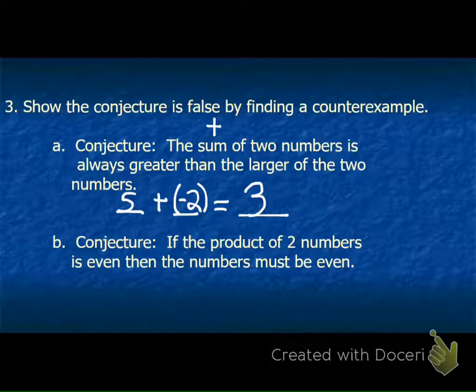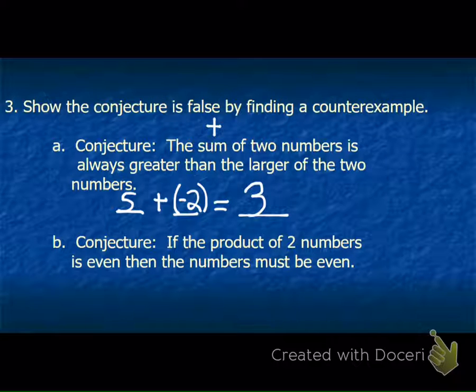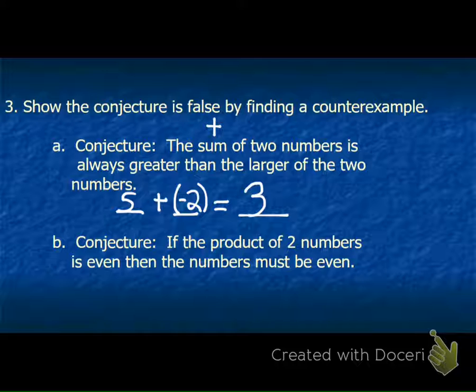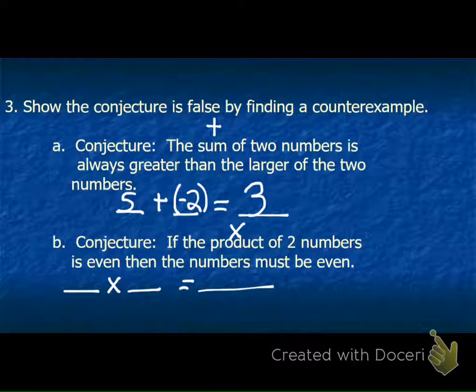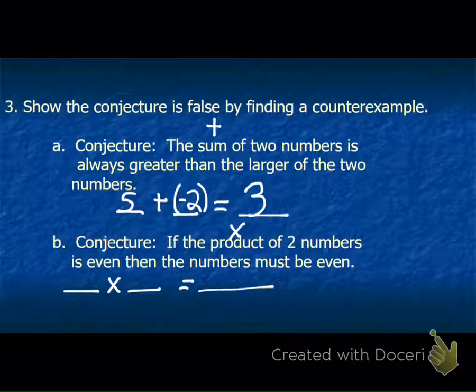If the product of two numbers is even, then the numbers must be even. Okay, so product, what does product mean? We're multiplying, and we have two numbers, so we're going to do blank times blank equals blank. What is my answer? What are they telling me? The product of two numbers is even, then the numbers must be even. So they're saying my answer is going to be even.